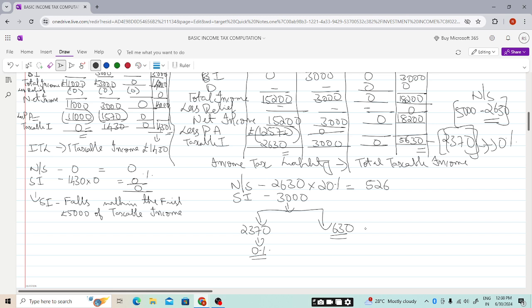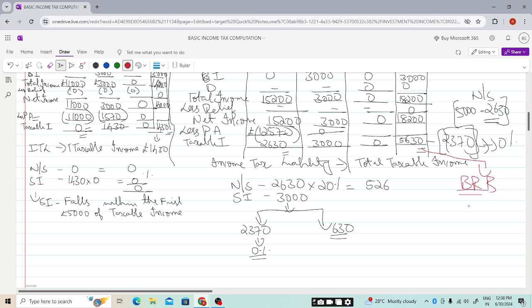Now first we saw the first 5,000 rule. Then we must see the nil rate band. What is the nil rate band available? For the nil rate band, we must see what type of taxpayer he is. What is the total taxable income? The total taxable income is 5,630, which is within the basic rate band.